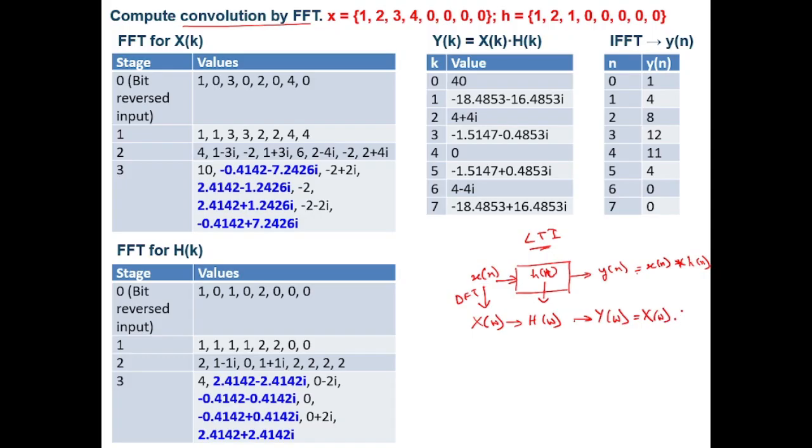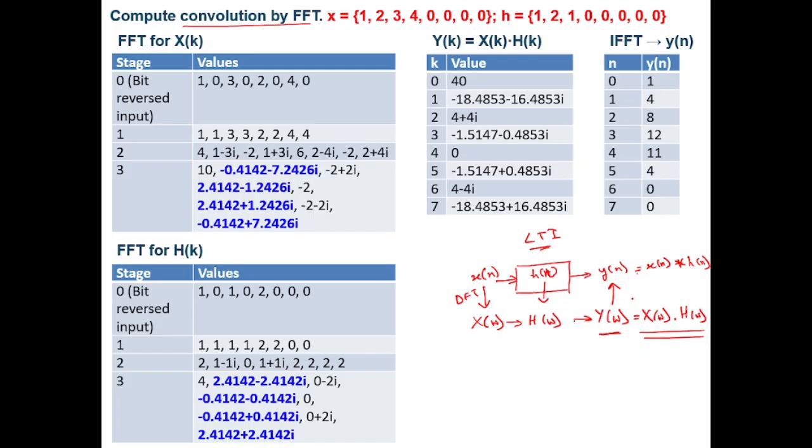X(omega) multiplied by H(omega). Now this multiplication is point wise multiplication. Okay, point wise multiplication. Getting my point? So it is point wise multiplication. So once you get this Y(omega), you have to perform inverse DFT.